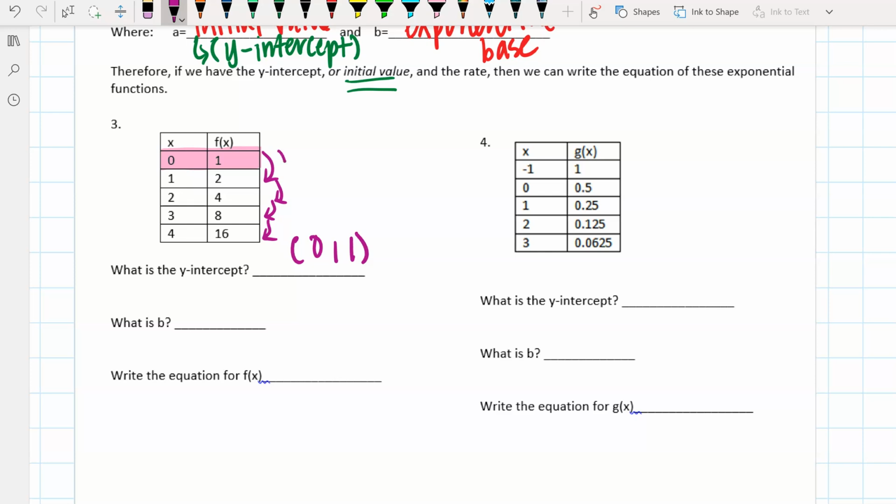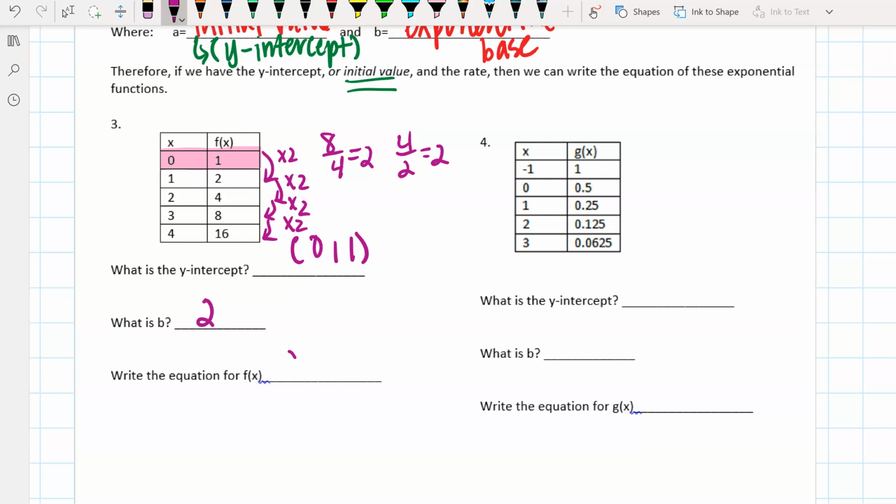To get from 1 to 2, we multiply by 2. 2 to 4, multiply by 2. 4 to 8, multiply by 2. And 8 to 16, multiply by 2. We can confirm this by doing 8 divided by 4, 4 divided by 2, and so on. So here our exponential base is going to be 2.